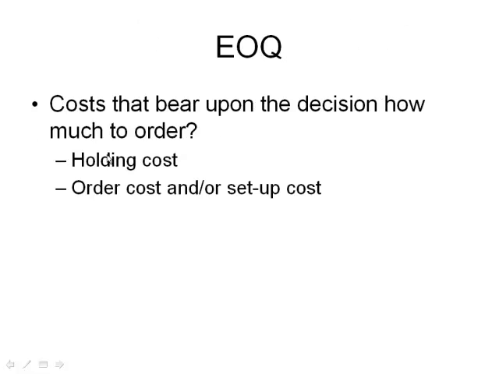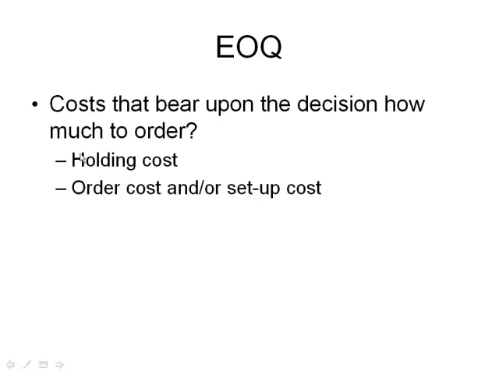The economic order quantity model is a cost minimization model. It tries to minimize costs that are associated with managing inventory. In particular, the costs that it tries to minimize are the holding cost and the order cost, or the setup cost.